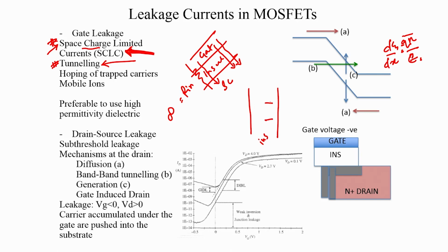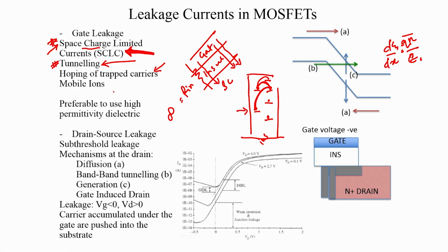So, you actually have energy states inside the band gap of the insulator, and these energy states can act as little homes for electrons or for any carriers, and the carriers can hop between these energy states, and this hopping can be encouraged by the field, and it is determined by the energy level differences between these states as well as the spatial distances between these states. So, there are many mechanisms that determine hopping. So, that is another mechanism of charge transport through the insulator.